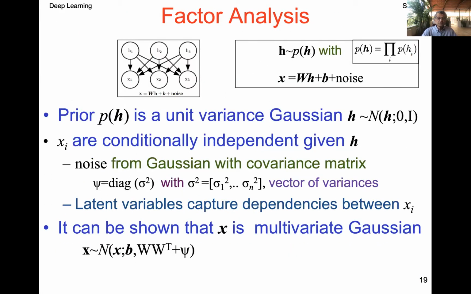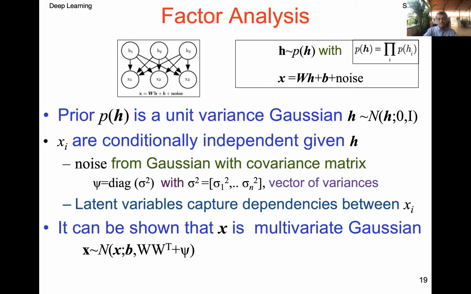So if we use prior p(h) as a unit variance Gaussian, then the xi are conditionally independent given h. And noise from the Gaussian with covariance matrix has this form. It's a diagonal matrix for the variances. And the latent variables capture dependencies between the xi.